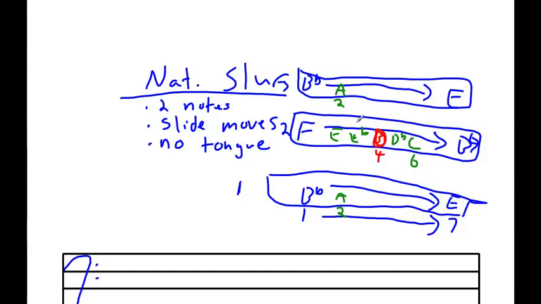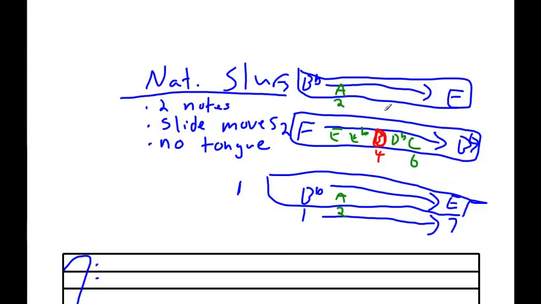Again, for students, I wouldn't necessarily quiz them or even necessarily bring this up unless maybe a high school student who needs to really learn natural slurs and things like that. But for an elementary school aged beginner or any beginner, I might just do tongue slurs for the most part, and then maybe introduce lip slurs as a warm-up exercise, and then natural slurs, combined with tongue slurs like a trombonist should do, can come later.